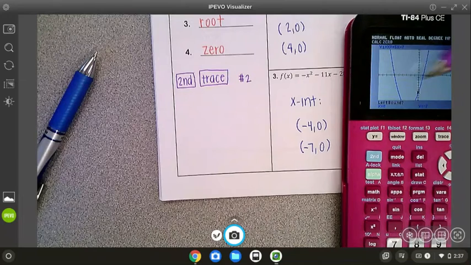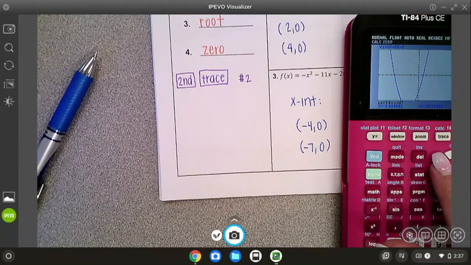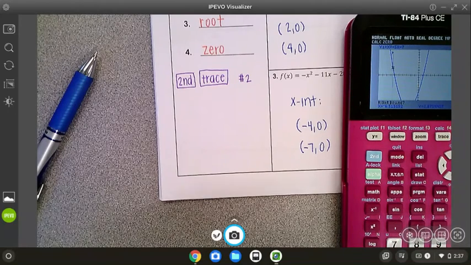Now there are 2 different ones, so we have to do one at a time. And the first thing it's going to do is say left bound. That means we're going to take this cursor somewhere to the left of our x-intercept. So I'm going to go left, about right there. I'm going to go left a few clicks and hit enter. And then it asks for right bound. So there's my x-intercept.